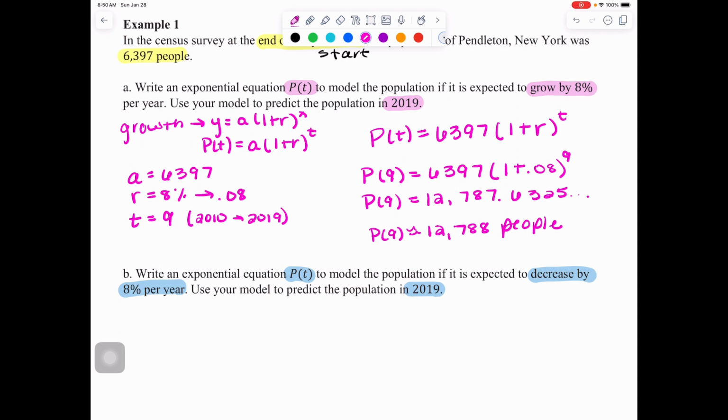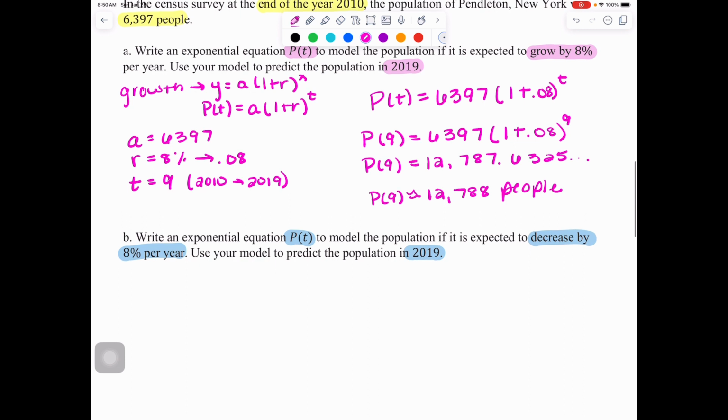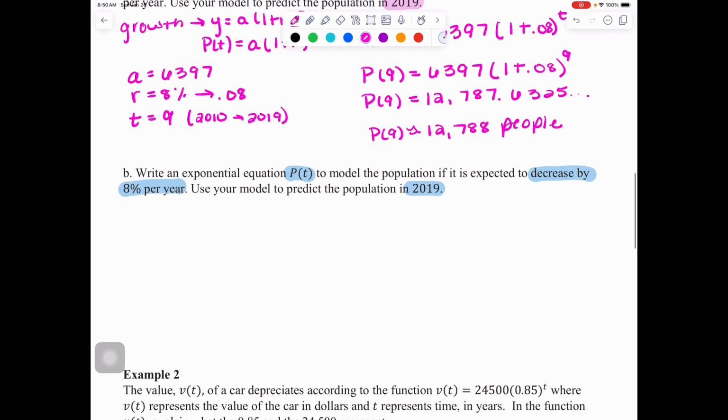Okay, and instead of the r there, we should have had 0.08. So that is our formula, because now no matter what I put in for t, I can find the answer. And then underneath, I found P of 9. Okay, so here in B, this time we're talking about decay.